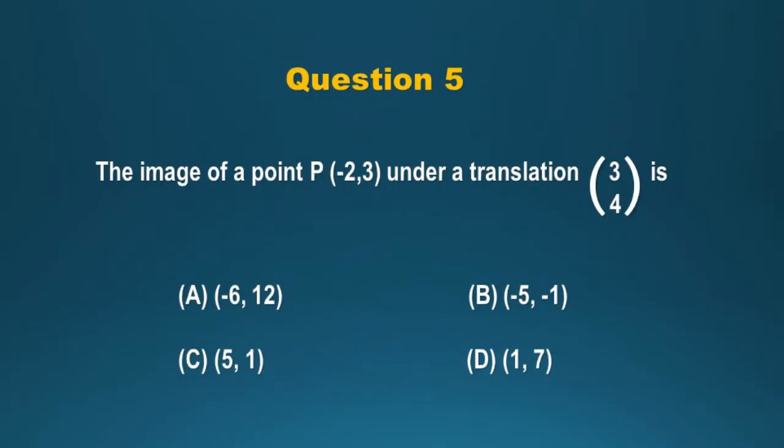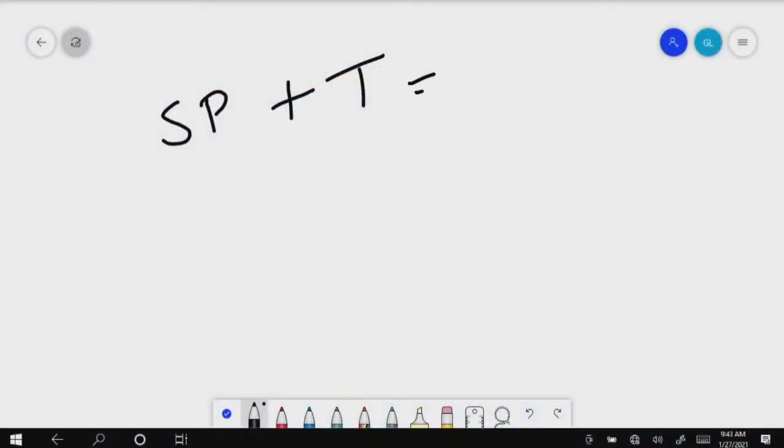As we move to another concept in trigonometry and geometry, the question reads: the image of a point P (-2, 3) under a translation (3, 4) is? Now, in translation vectors, there's a concept we use which says the starting point plus the translation equals the end point.